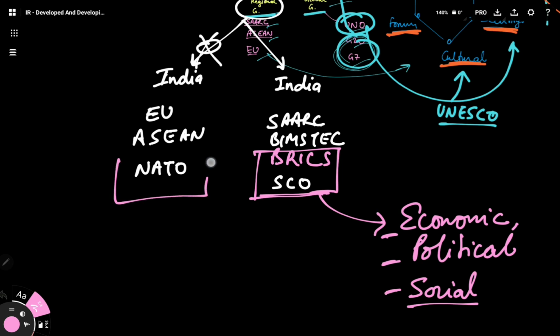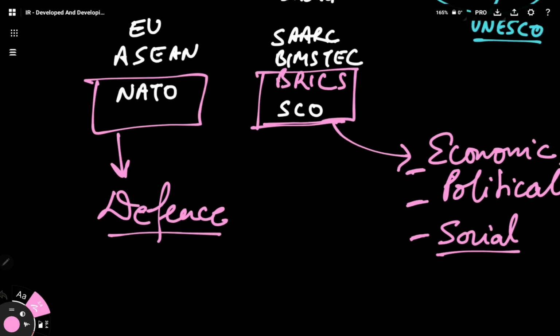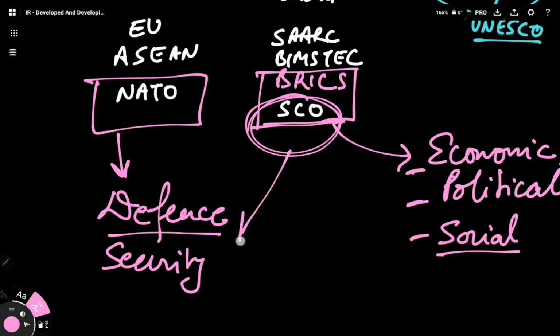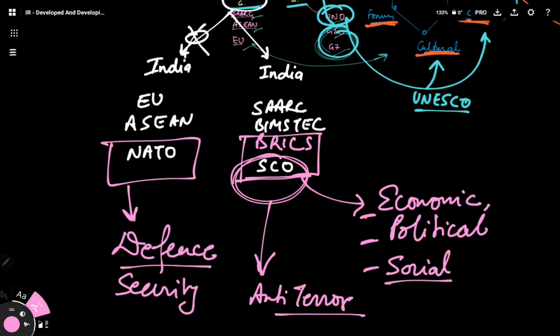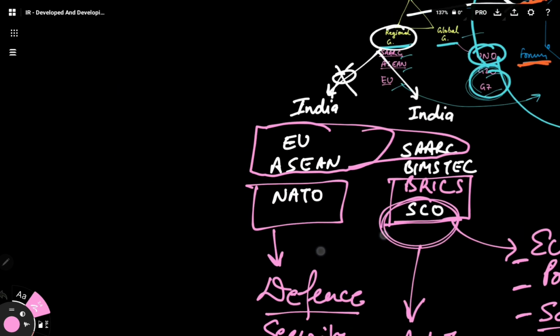And this NATO, other than economic, it has some defense component also, defense, security. This SCO also has this component, not defense exactly, but anti-terror activity, है ना, anti-terror. And EU and ASEAN mainly depend, and this SAARC also a little bit, these are mainly for economic activity.